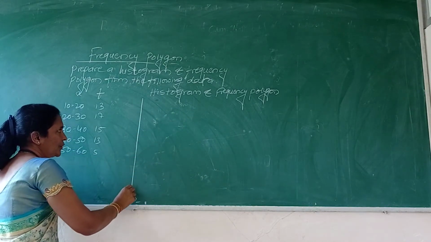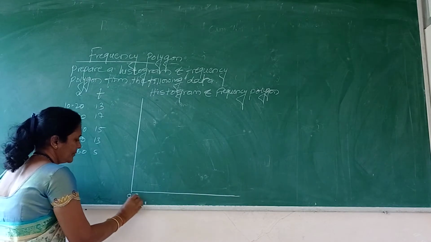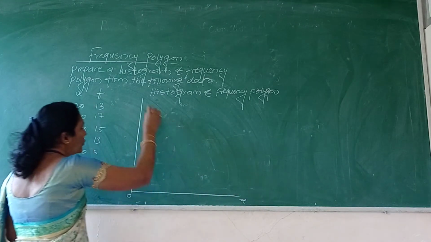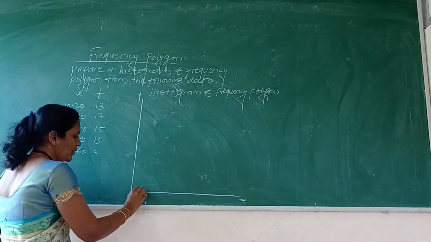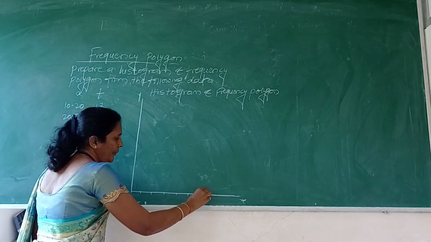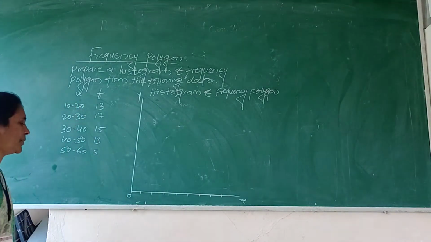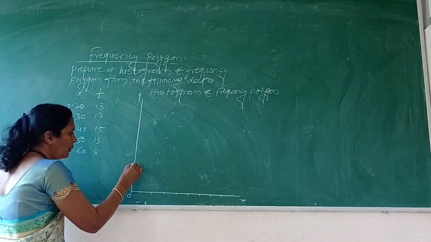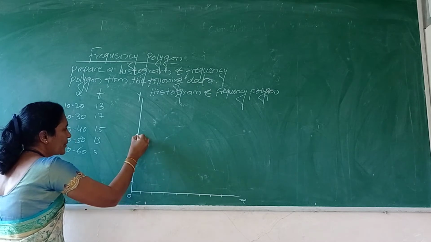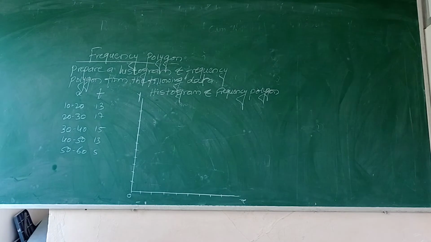So here you take into account the OX axis and OY axis. On the OX axis you will represent the class, these are the X values, and on the OY axis you will represent the frequency, that is F.